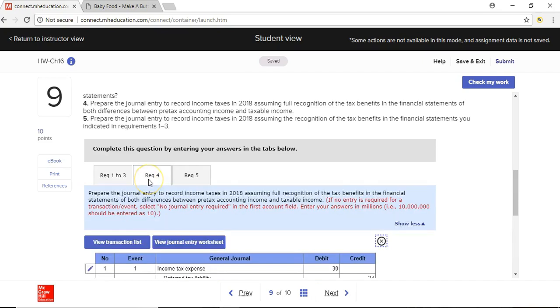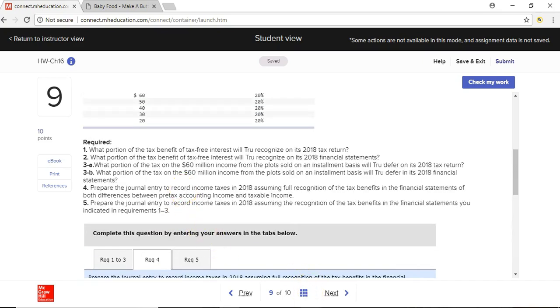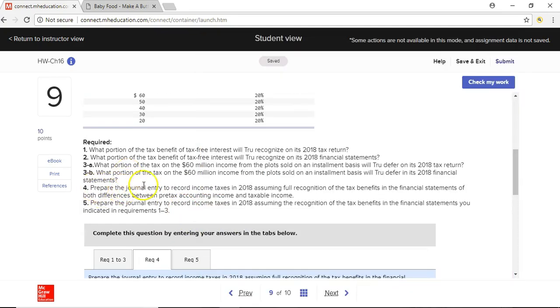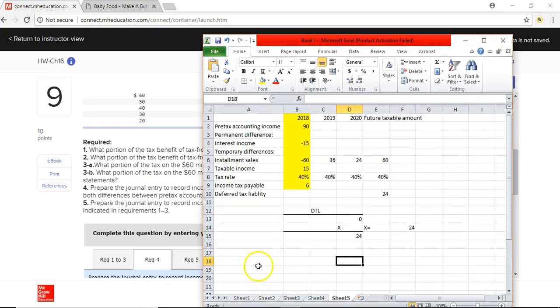And then requirement 4 asks us to journalize. Requirement 4 says prepare the journal entry for income taxes in 2018, assuming full recognition of tax benefits. So both the 15 interest income and all $60 million of installment sales don't need to pay taxes.